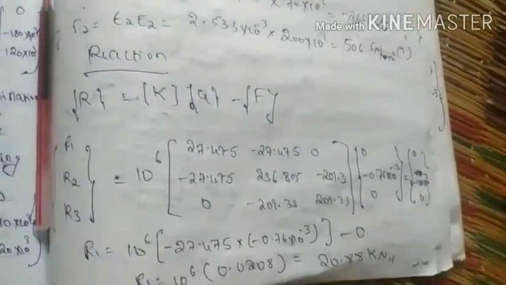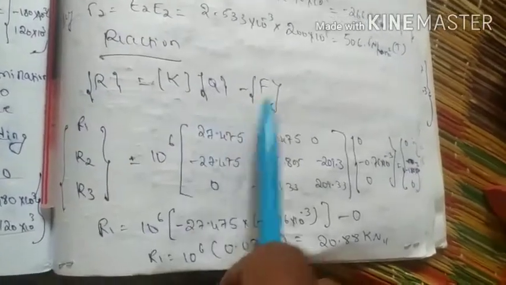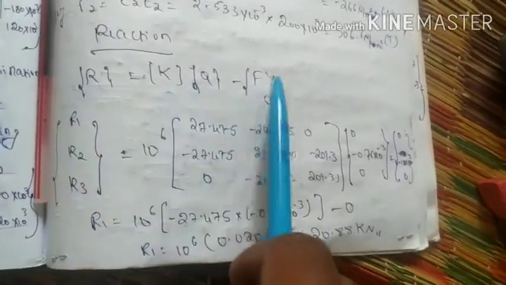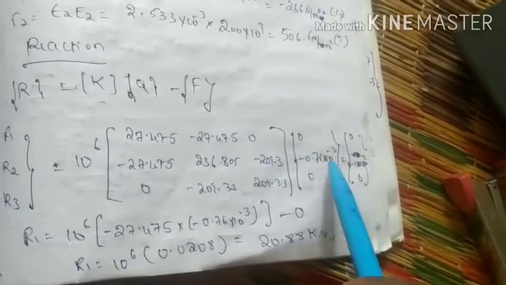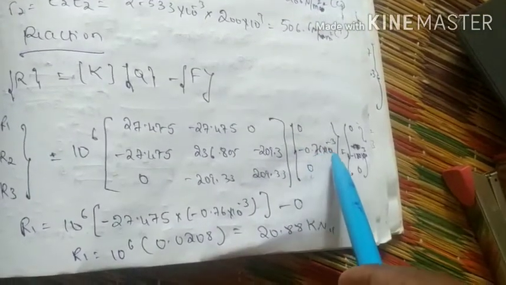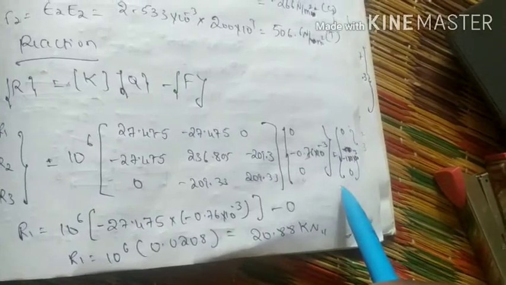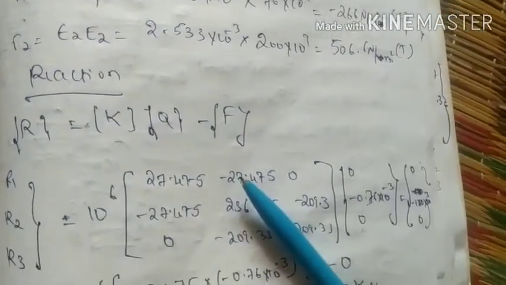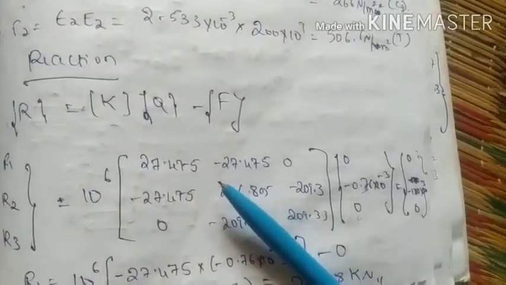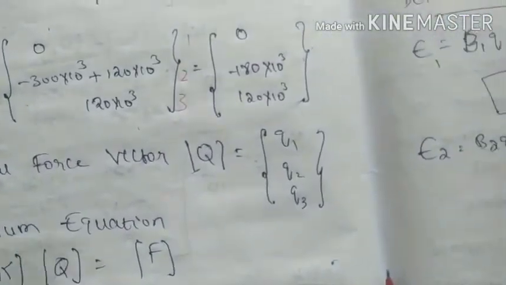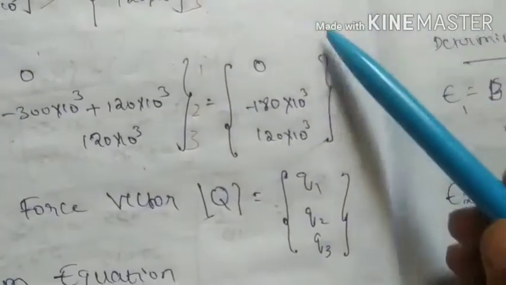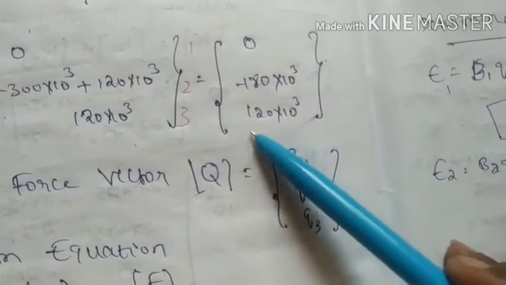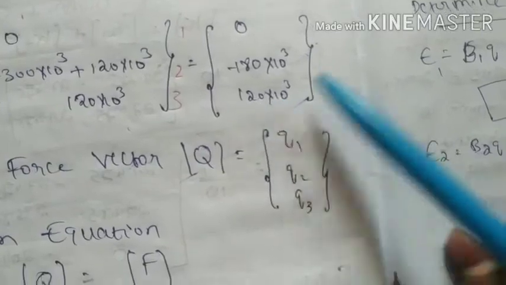And finally find the reaction, that is R is equal to KQ minus F. Substitute the K value, Q value and F value. We know Q1 and Q3 are 0, and Q2 we got as minus 0.76 into 10 raised to minus 3. F1 is 0, and F2 we got in the global force vector previously, that is 0, minus 180 into 10 raised to 3, and 120 into 10 raised to 3.